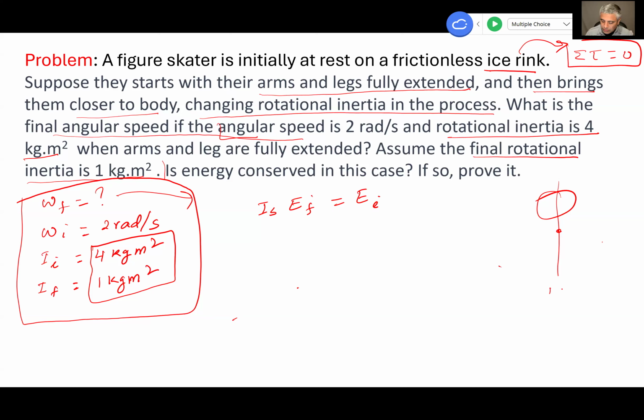So let's say no translational motion. That means half m v square is 0. Similarly, height is not changing.